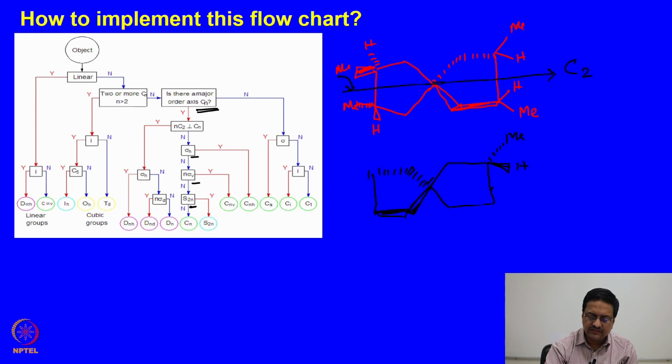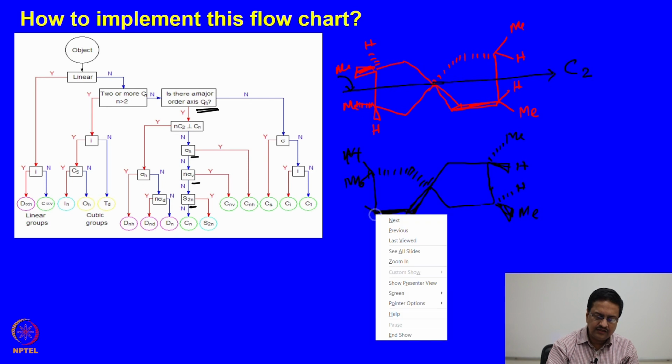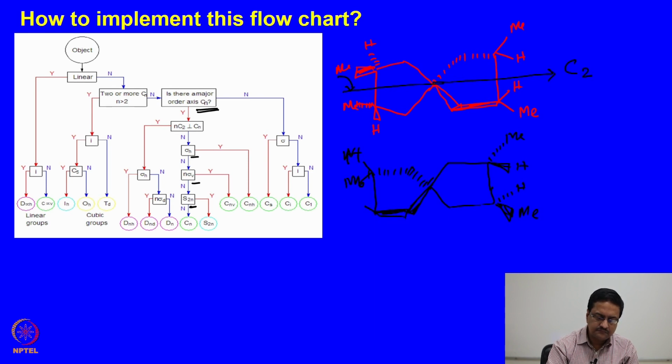So, these hydrogens are trans to each other, methyls are trans to each other, and here the hydrogen and methyl are like that, and the methyl and hydrogen is like that.